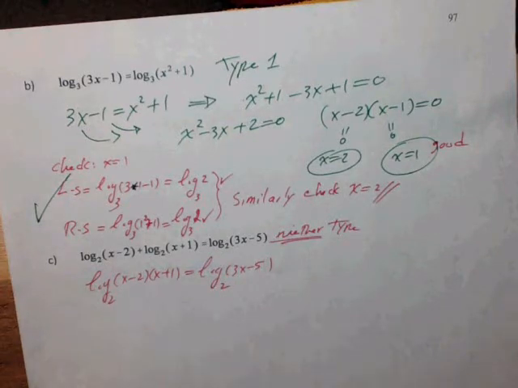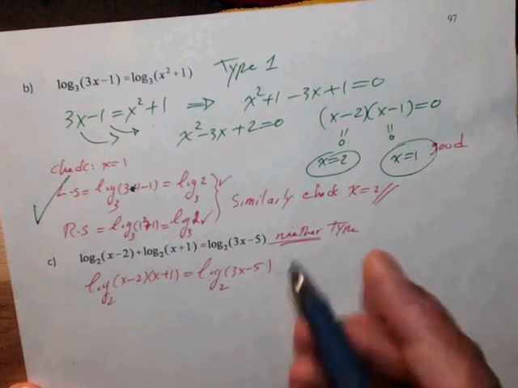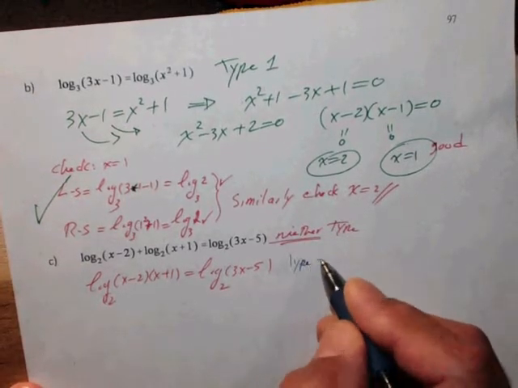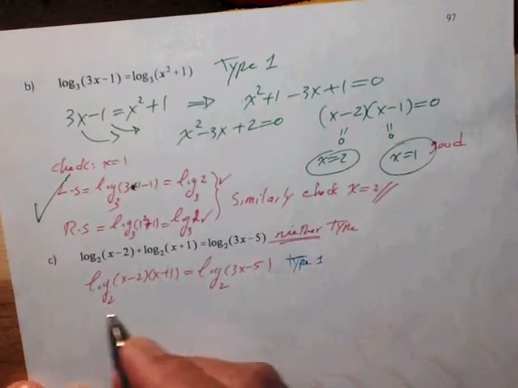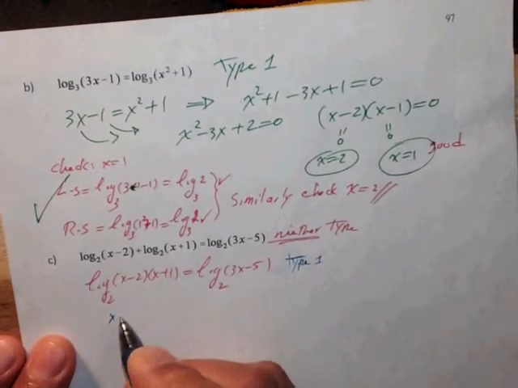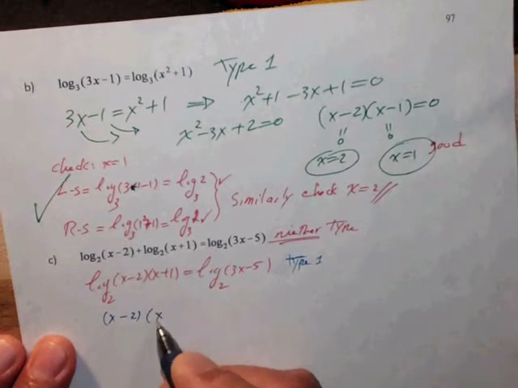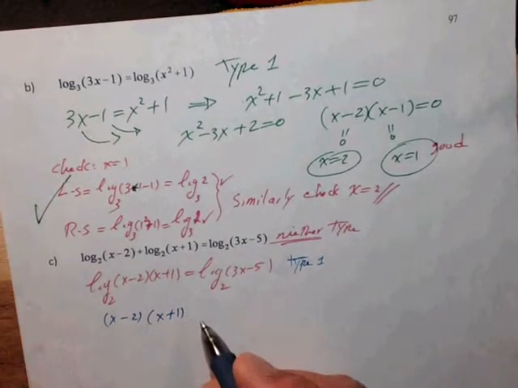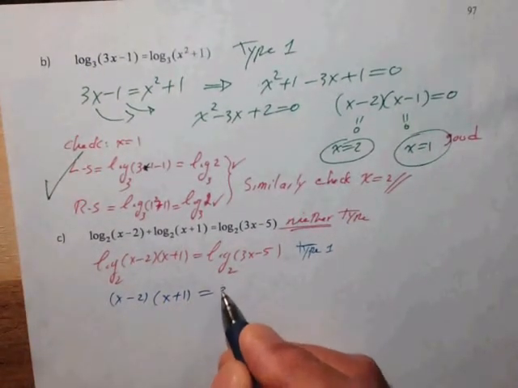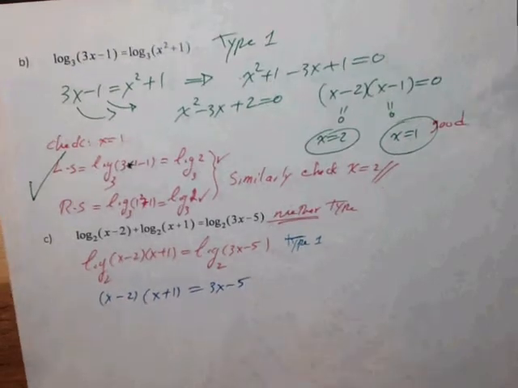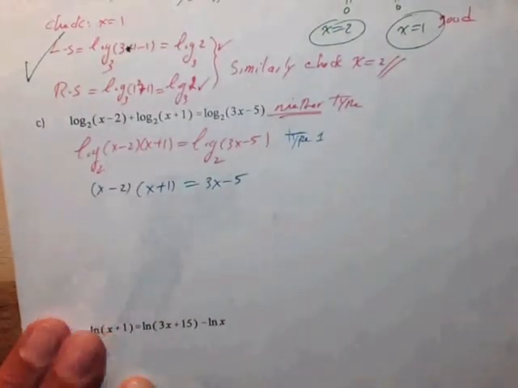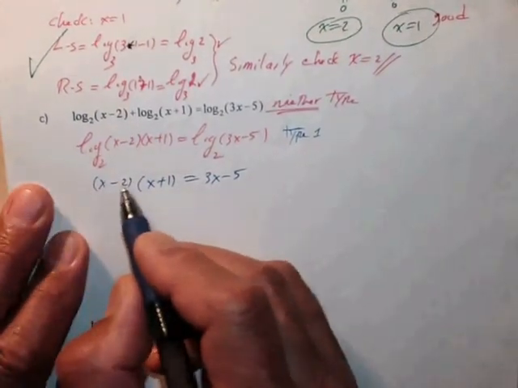So that tells me this is type 1. So I put x minus 2 times x plus 1 equal to 3x minus 5. This is quadratic. I have to distribute or FOIL this.